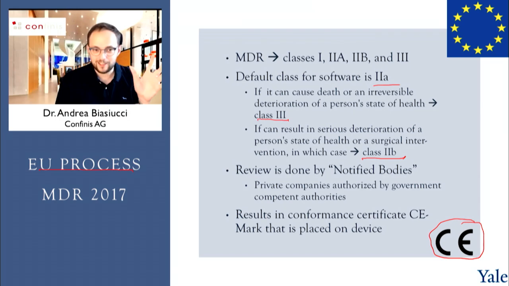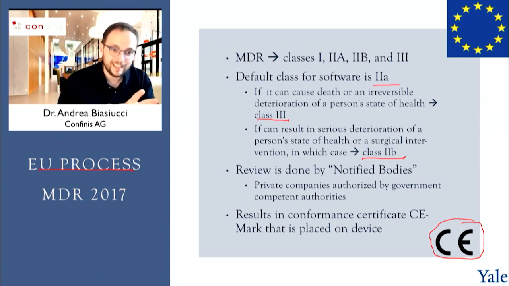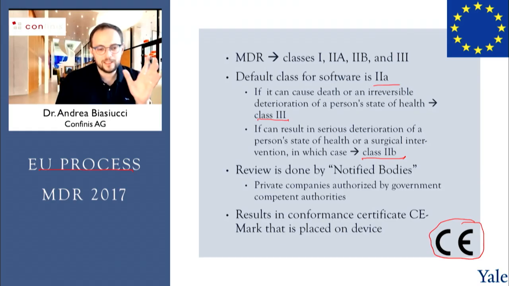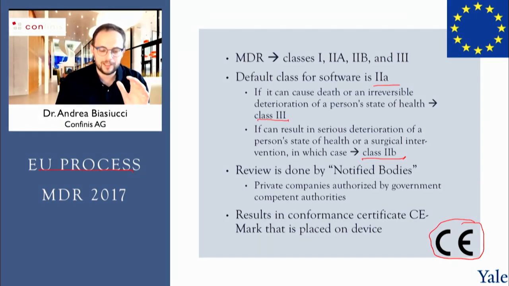Now, I know this sounds extremely complicated. That's exactly how it is. So basically, the idea is that for certain device types, namely pure class 1 devices, the manufacturers can generate a declaration of conformity on their own.